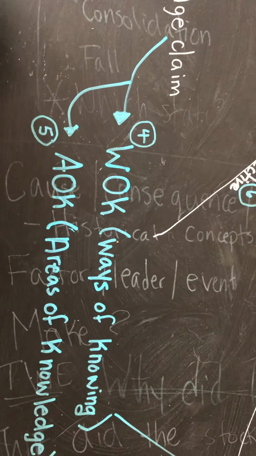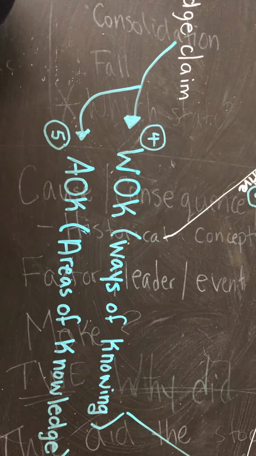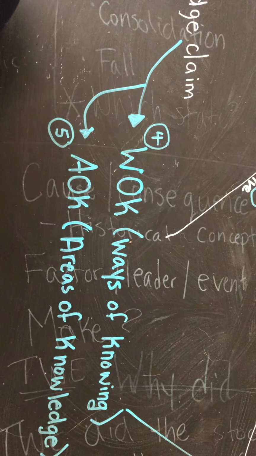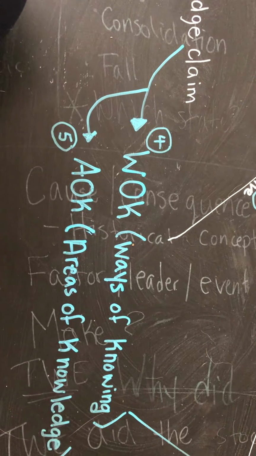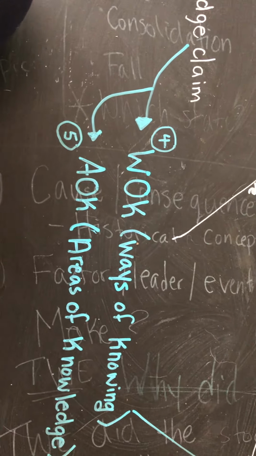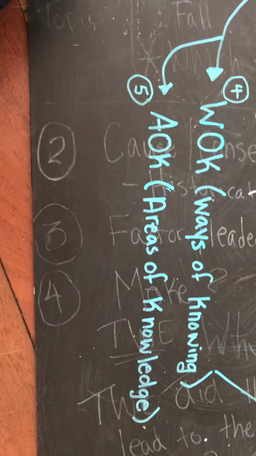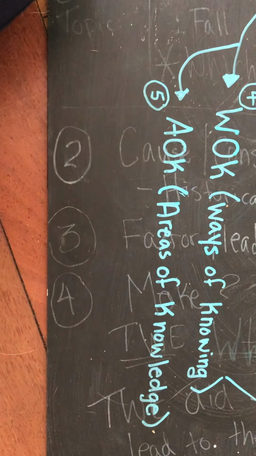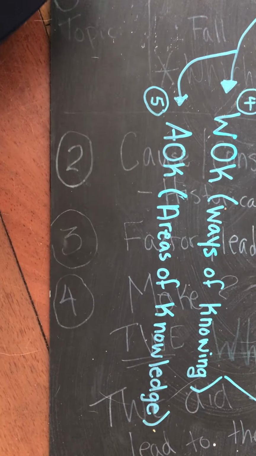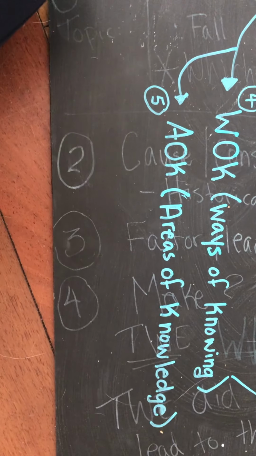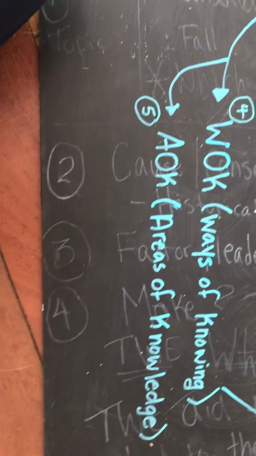Now step 4 is just to keep working with that knowledge claim and discuss what ways of knowing you will be looking at that fit in with that knowledge claim, and also discuss which areas of knowledge. 2 or 3 would be fine. Obviously you won't have time to discuss all of the areas of knowledge or ways of knowing.